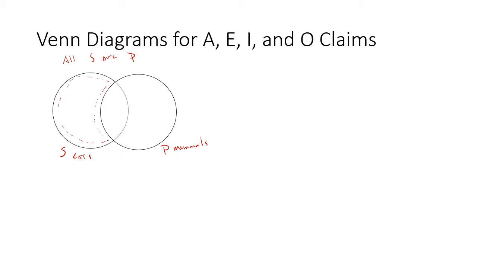So if this sentence is true, then this area would be empty, and we're going to visualize that through shading. So we're going to take this area and block it out from having any members. Our shading is going to indicate emptiness.